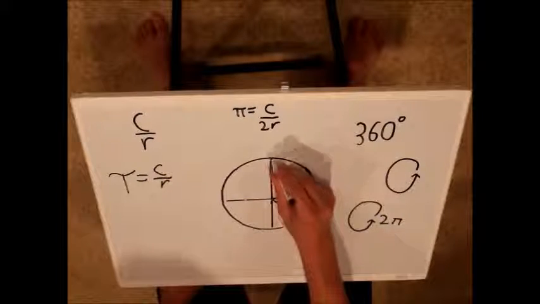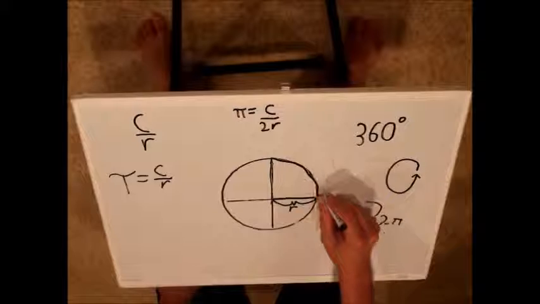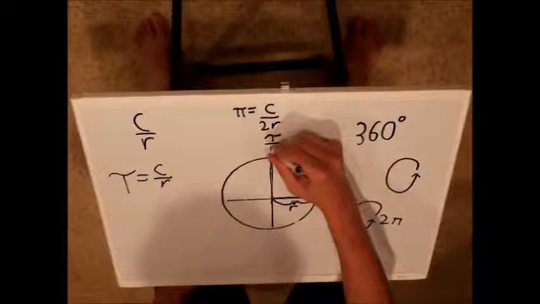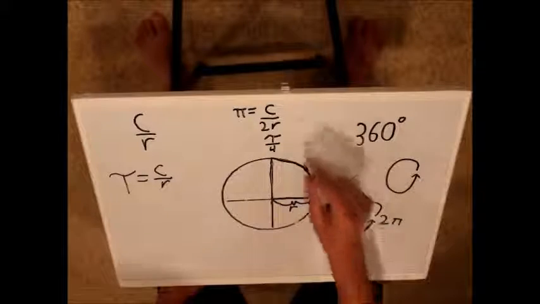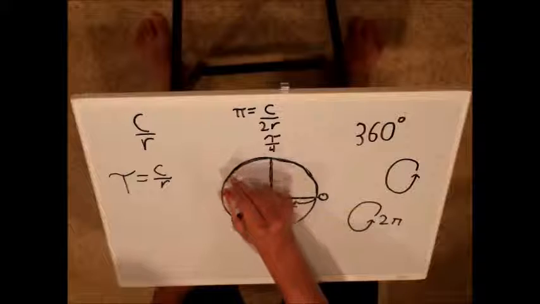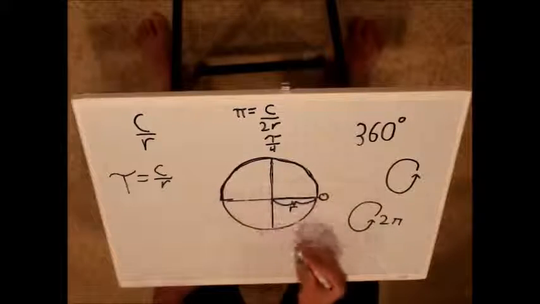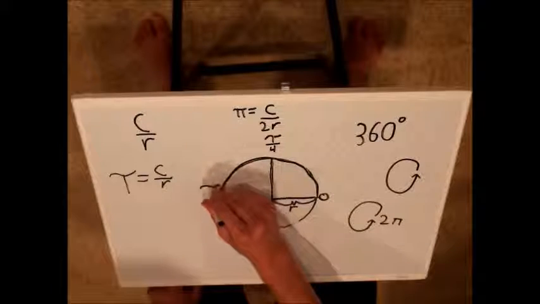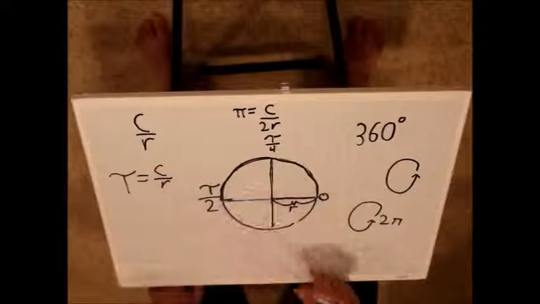Then, as we go a quarter of the way around the circle, that's going to be a fourth of tau, because once again, tau is all the way around. Halfway around the circle, once again in respect to the radius, is tau divided by 2.